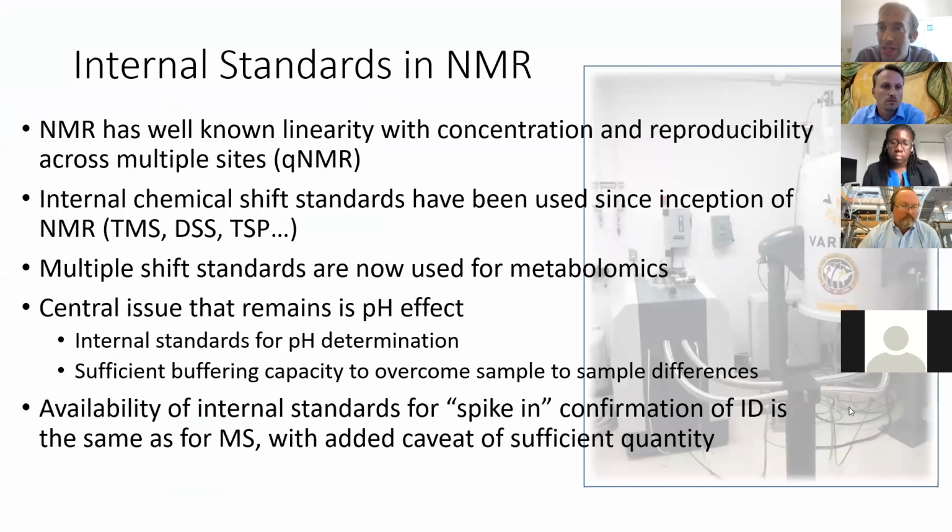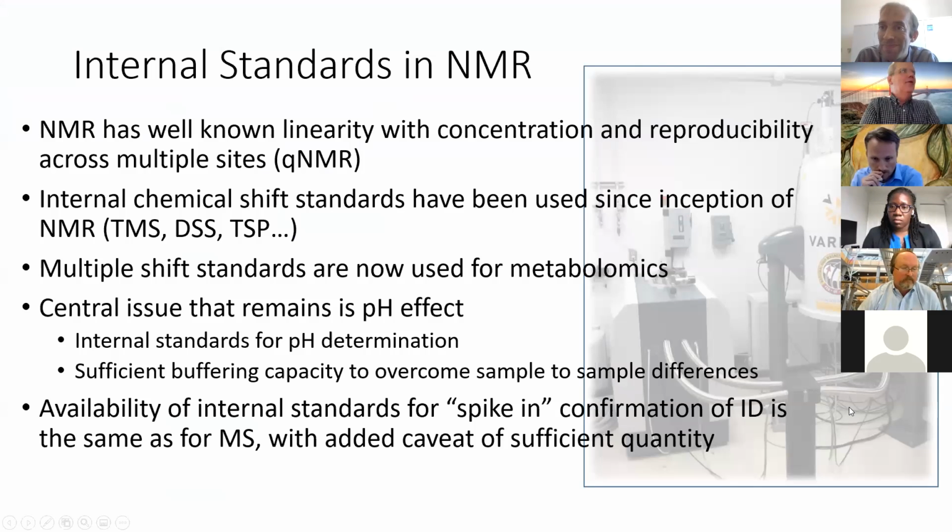Matt, take it away. So this is the only time I get to have a great deal of pride in doing NMR, is we have well-known abilities to do quantitative metabolomics in a relatively straightforward manner.